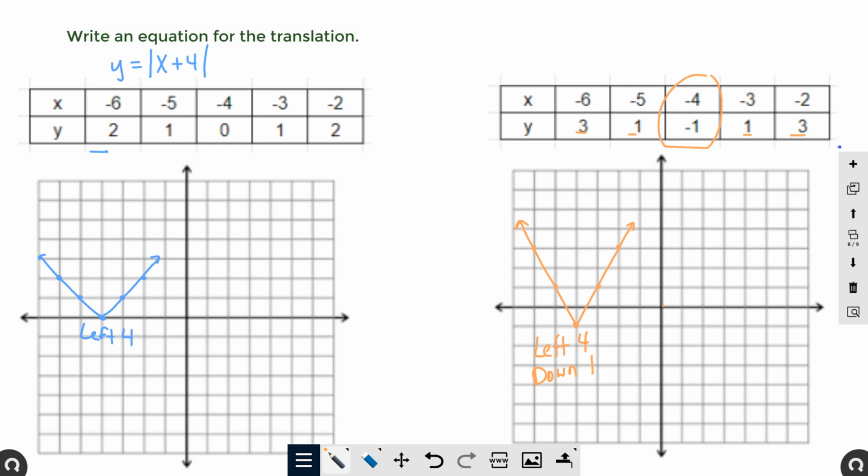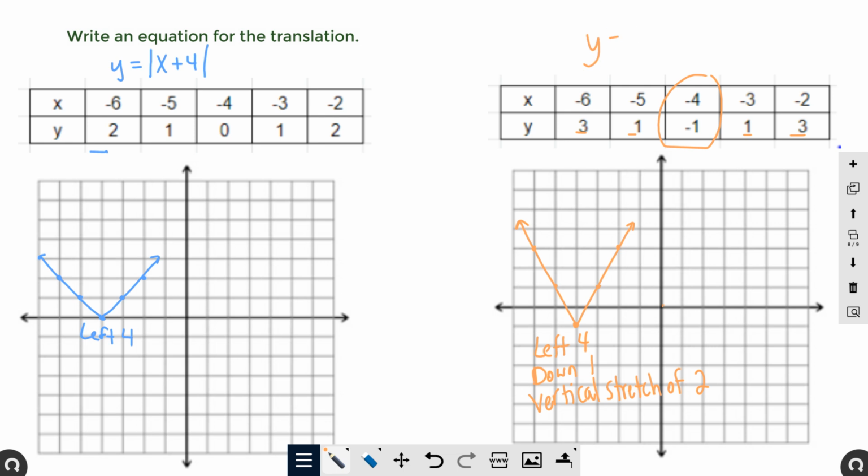Notice on this one, we went up 1 over 1 on the sides. Do we go up 1 over 1 on the sides here? No. How far do we go up? Up 2 over 1. So this one also has a vertical stretch of 2, because it's making it steeper on the sides.